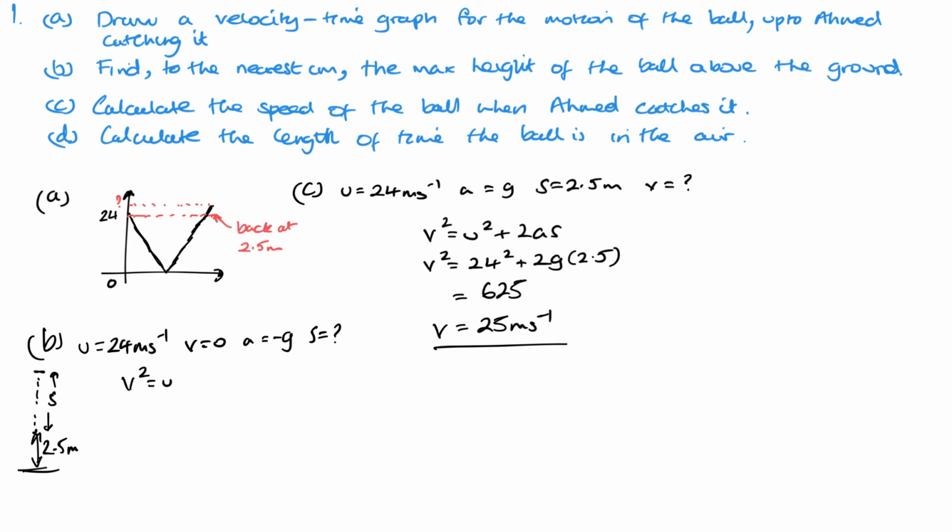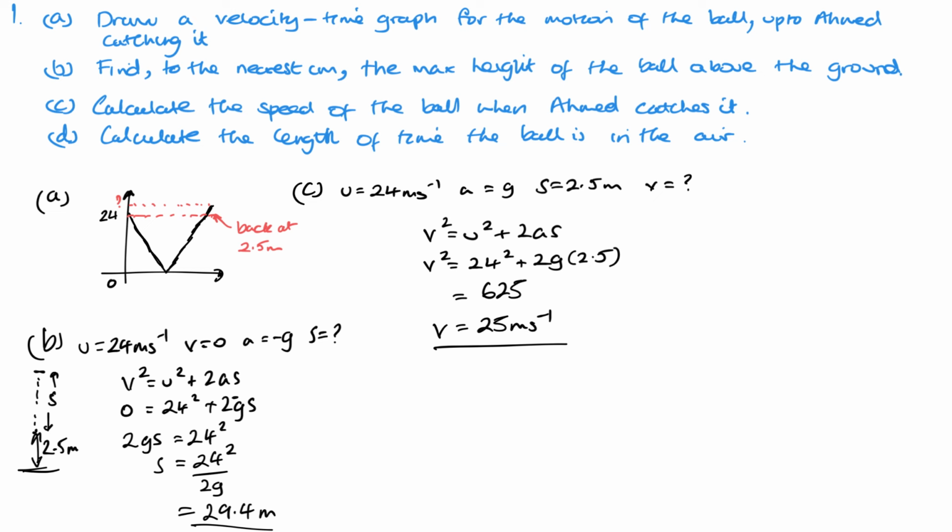So u, v, a, and s. So v squared equals u squared plus 2as. So it's 0 equals 24 squared plus 2gs. But g is a minus, so that is the same as taking my 2gs to the left hand side and then dividing by it. So 24 squared over 2g. And that gives me 29.4 meters, or 30 meters to two significant figures.